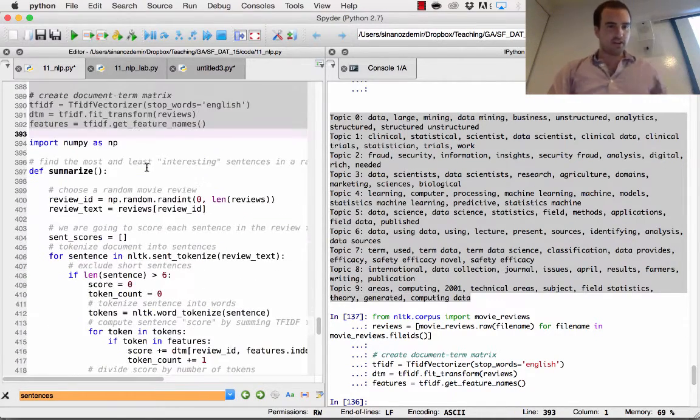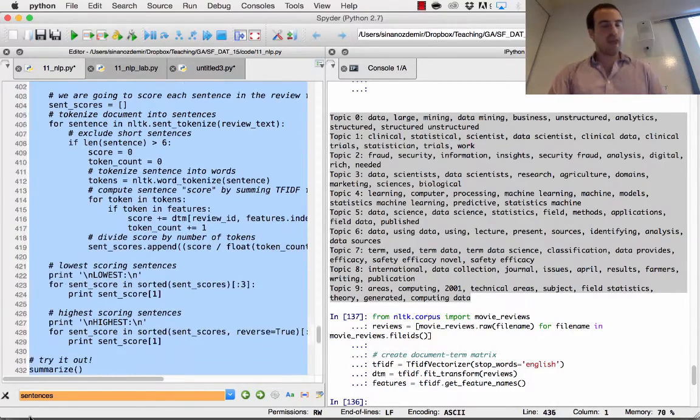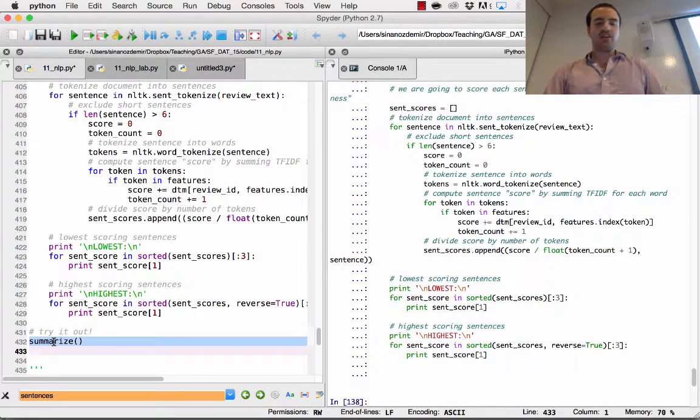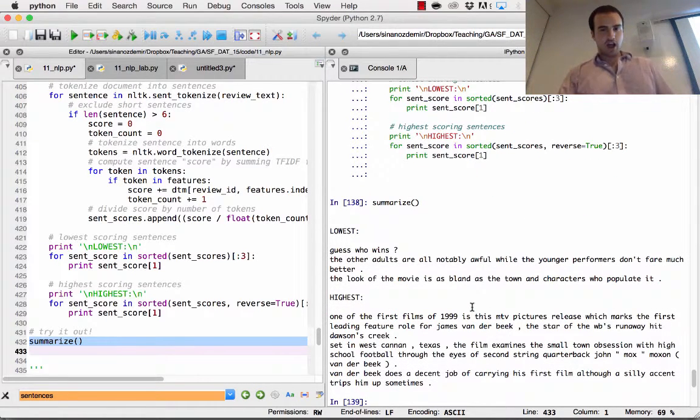Now, here's a fun little thing I wrote that will pick a random movie review and then summarize it based on unique words and phrases. So, this random movie review can be automatically summarized the following way.